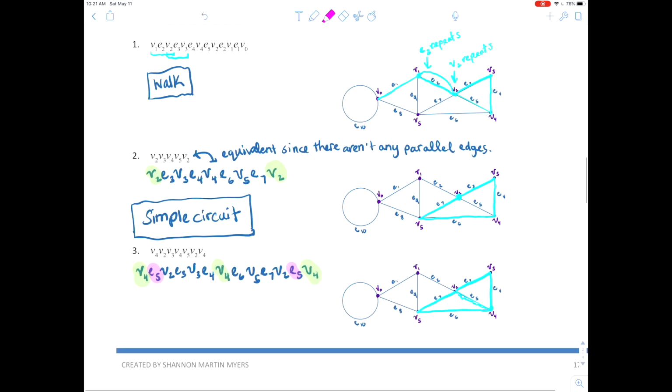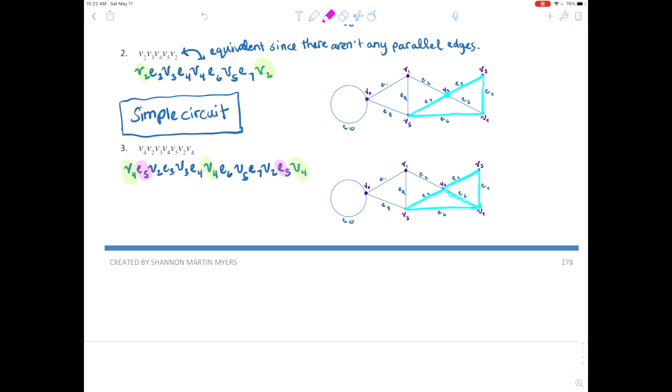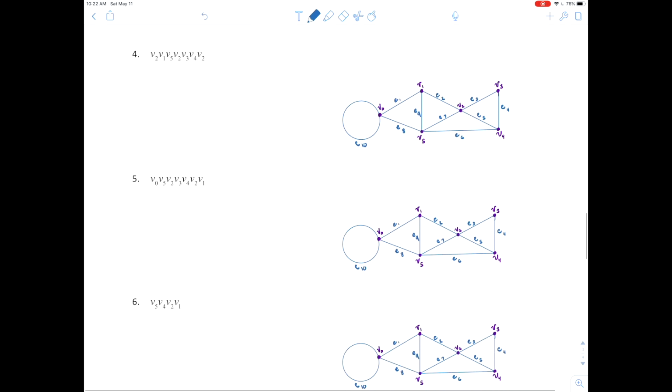Repeated edges are allowed only in a closed walk, since we knew we had a closed walk. So it's not a circuit or a simple circuit. This is a closed walk. Cool? And by the way, you don't have to show all this work. If you can eyeball it and see what I'm talking about, then feel free to do that. I just want to make sure you understand.